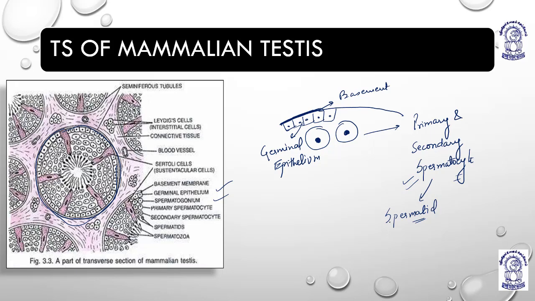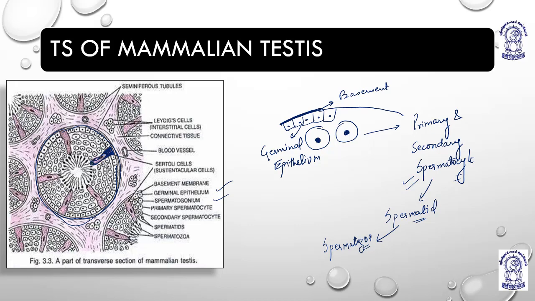This spermatid further converts into spermatozoa or mature sperm, right? Now the most important thing you have to catch here is the Sertoli cells.